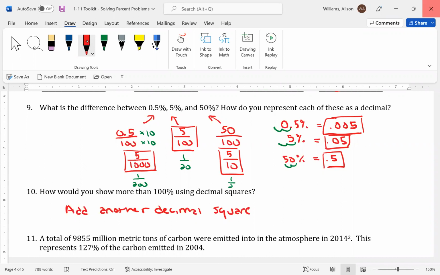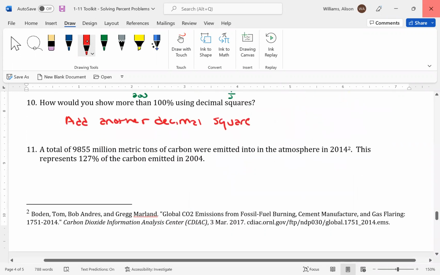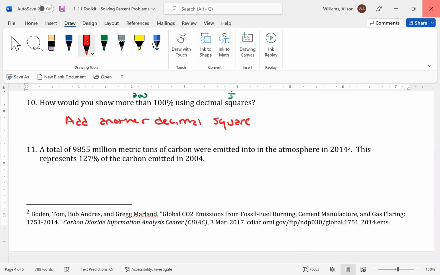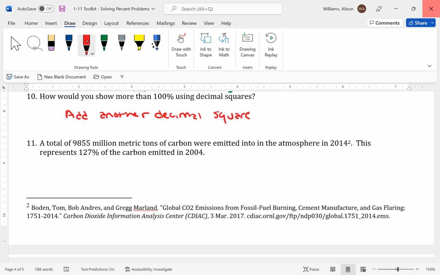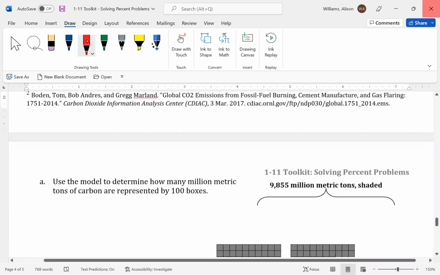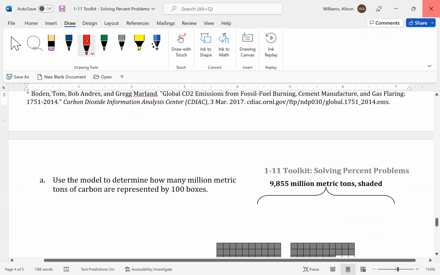Okay, so a total of 9,855 million metric tons of carbon were emitted into the atmosphere in 2014. This represents 127% of the carbon emitted in 2004. Unfortunately, the problem went to the next page.